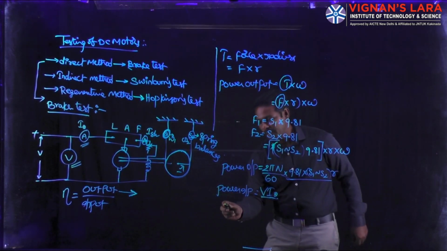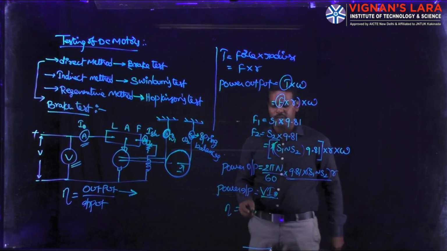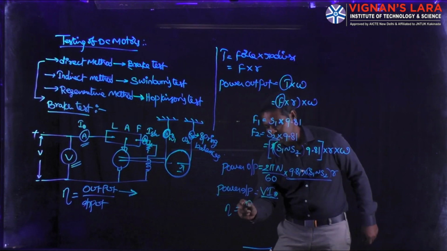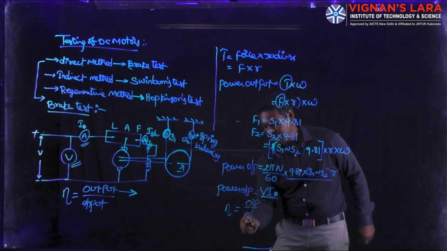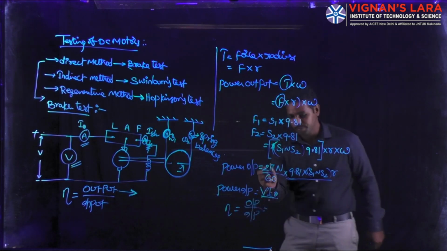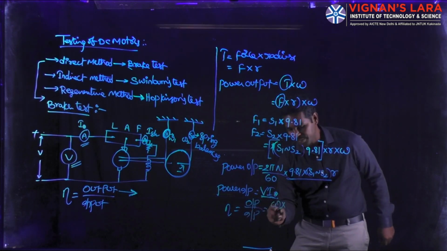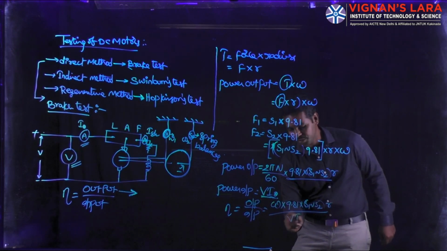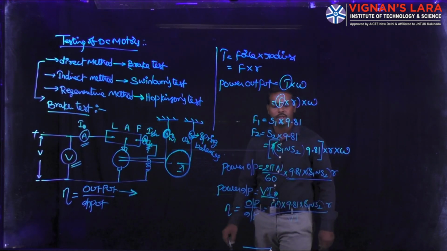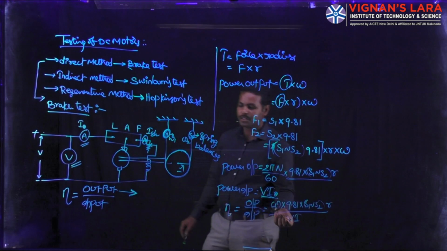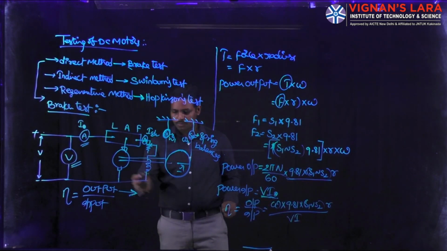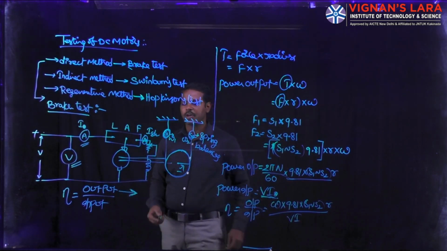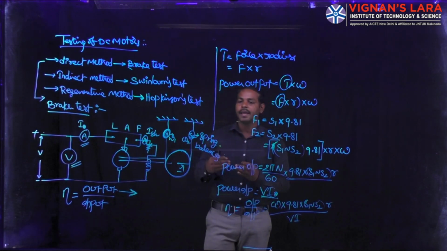So when we find out the efficiency of a motor, efficiency is equal to output divided by input, which is omega multiplied with 9.81 into S1 minus S2 into R divided by V into I. So based on these expressions, we can find out the efficiency of a DC motor by using the direct loading method.